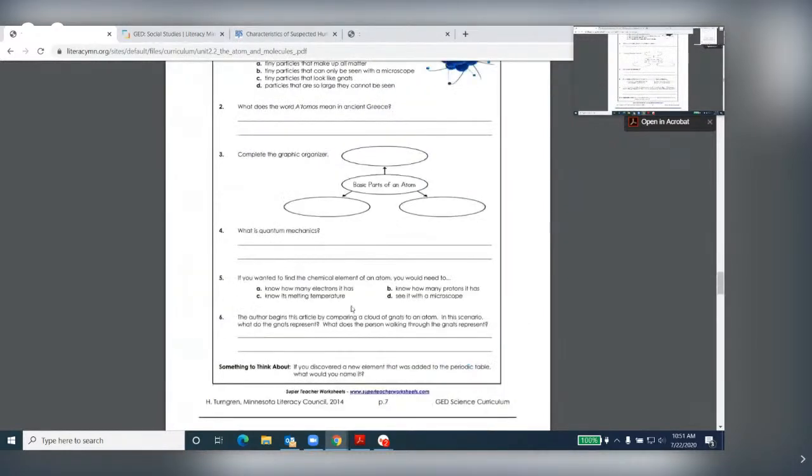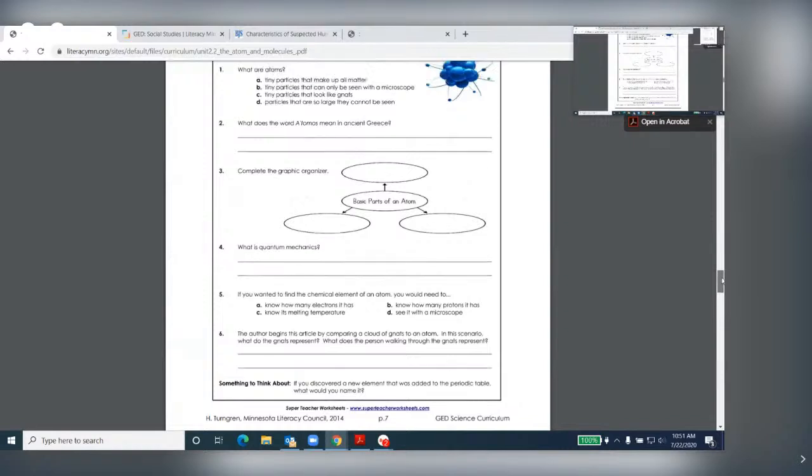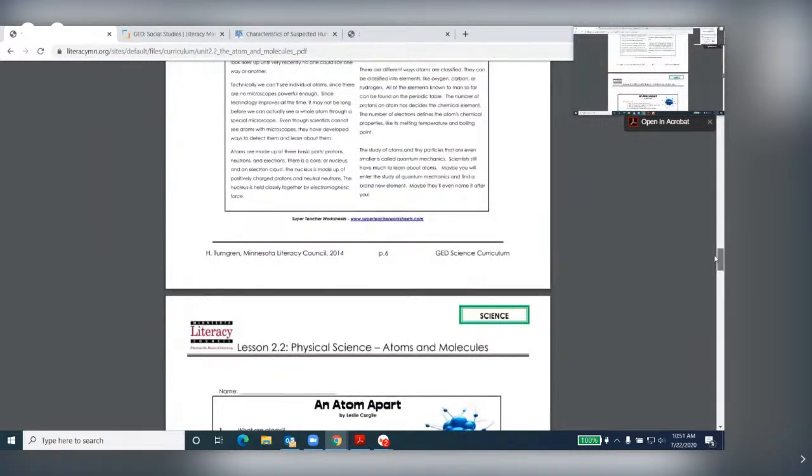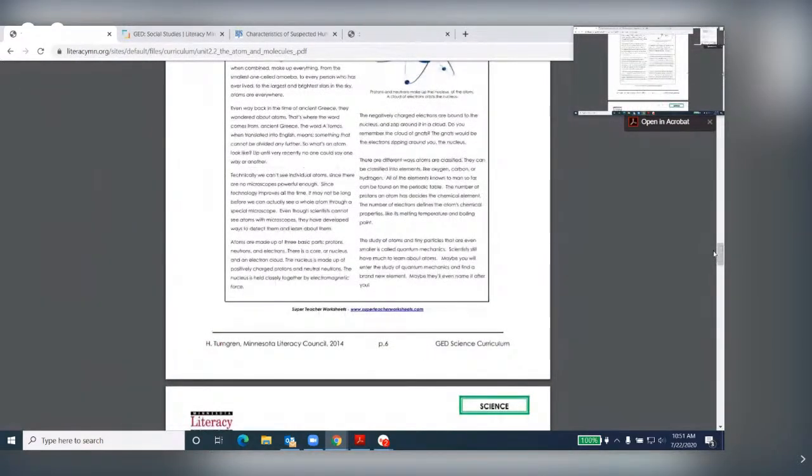Number 5, if you want to find the chemical elements of an atom, you would need to, and if we go back up into here, so there's different ways atoms are classified. They can be classified in elements like oxygen, carbon, or hydrogen.